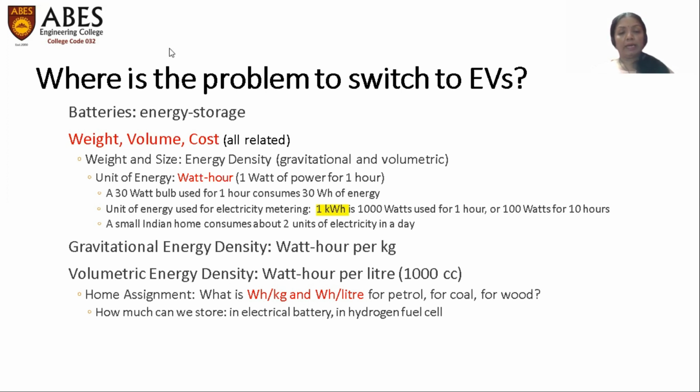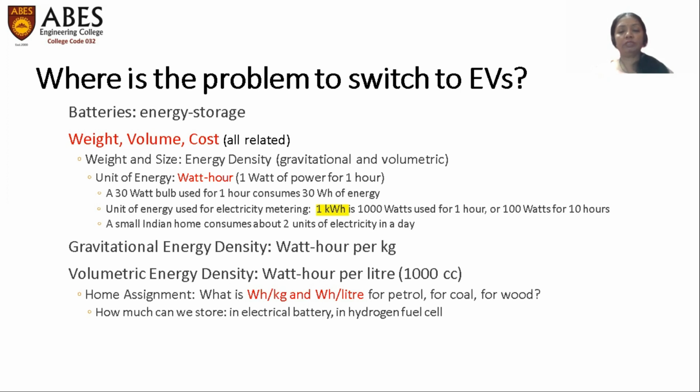I hope you are already acquainted with the unit of energy that we have talked about, the watt hour, and how it is defined. For electrical metering, 1 unit of electricity corresponds to 1 kilowatt hour.